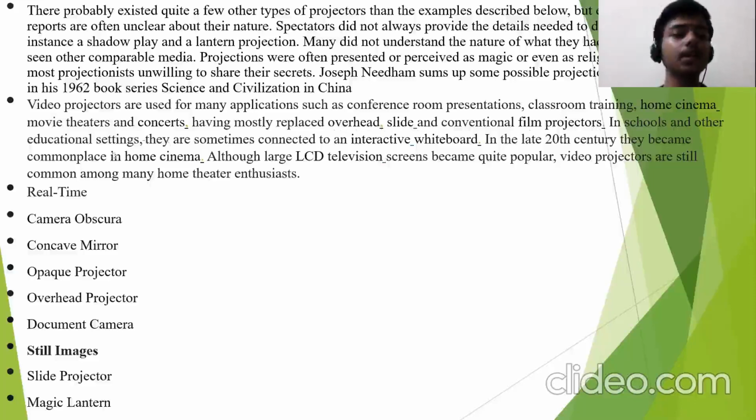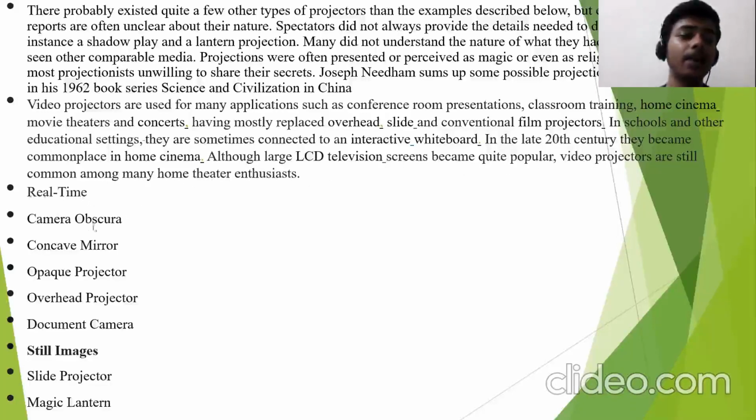In schools and other educational settings, they are sometimes connected to an interactive whiteboard. In the late 20th century, they became commonplace in home cinema. Although large LCD television screens became quite popular, video projectors are still common among many home theater enthusiasts.